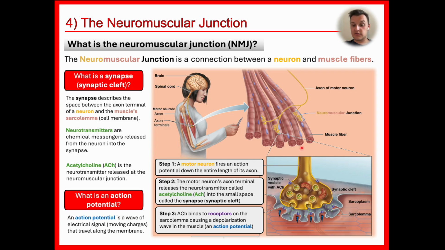Here we had electrical signals come all the way down to the end. A chemical signal got put into the synaptic cleft, into the synapse, into the space, and that chemical bound to a receptor to open channels so that ions like sodium can flow in and cause another electrical signal, but on the other side of the junction, on the muscular side.